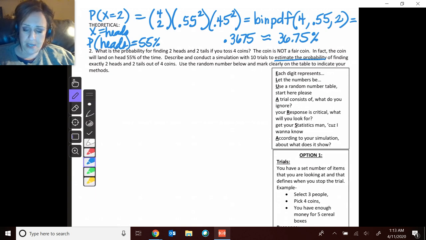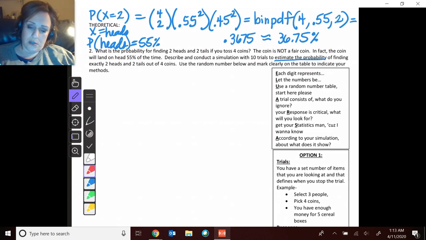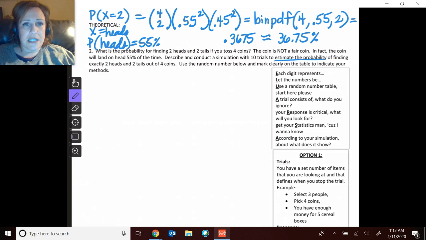So here we go. Our first situation, each digit represents, let the numbers be. This is based on the kind of probabilities we need to represent, and I have this 55% situation. So can I represent 55% with, say, odds or evens?